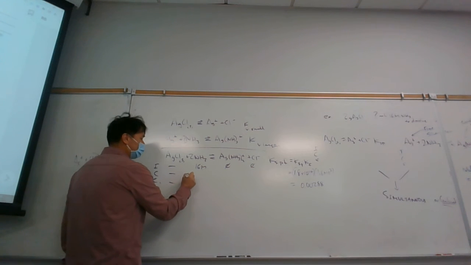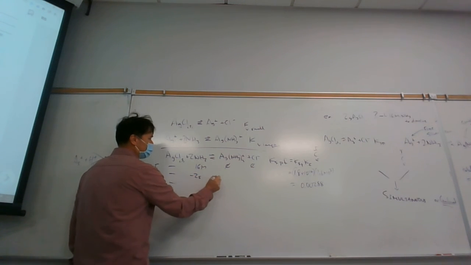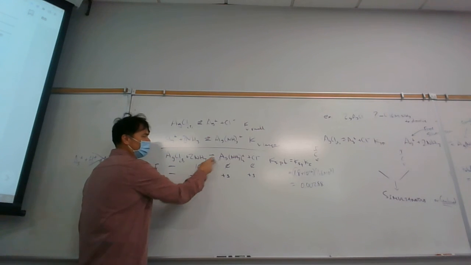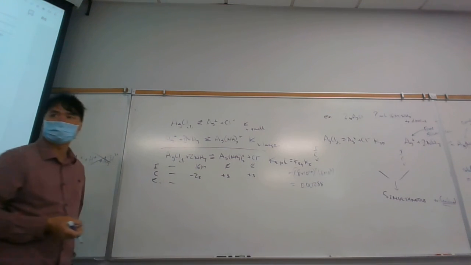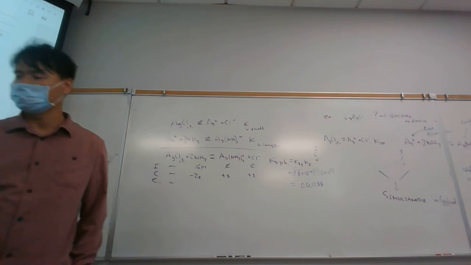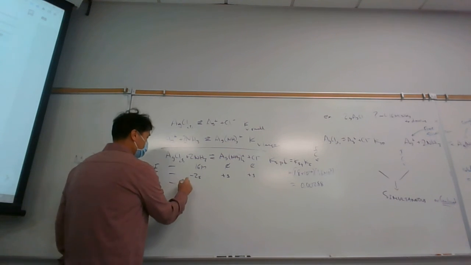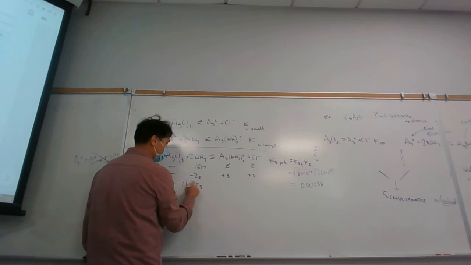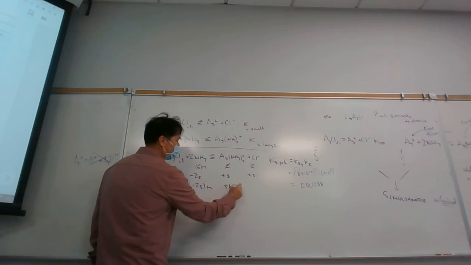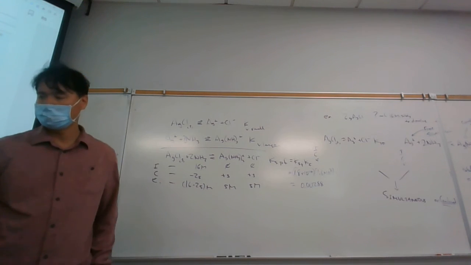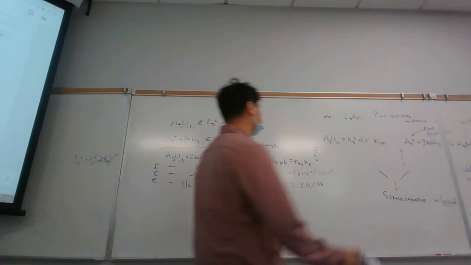And so this is going to be minus 2s, plus s, plus s. The solubility is just going to be the complex silver, and there's no free silver. So we end up with 16 minus 2s molar, s molar, and s molar here. Okay, and then we just solve for s.